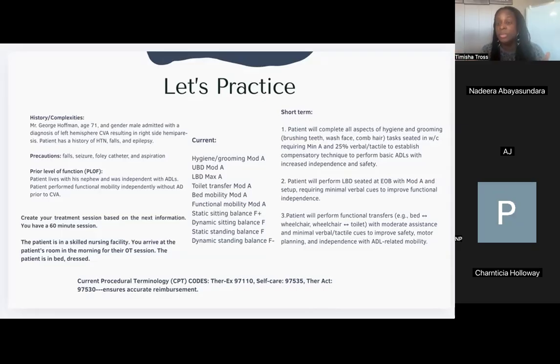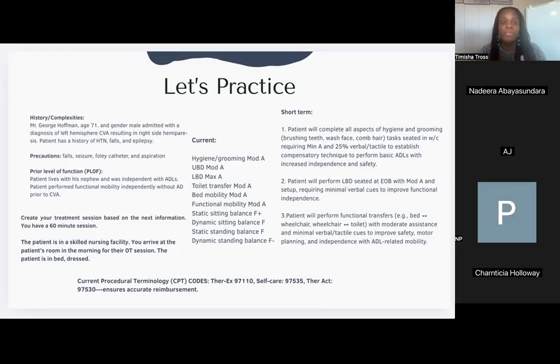We have an individual that had a stroke, and in order to get good at writing, you have to practice writing, right? So this is a workshop, and this is the presented information. A lot of times when you have a case, all you're going to have is the history, the precautions, their prior level, maybe some comorbidities, their current level, and then what the goals are.